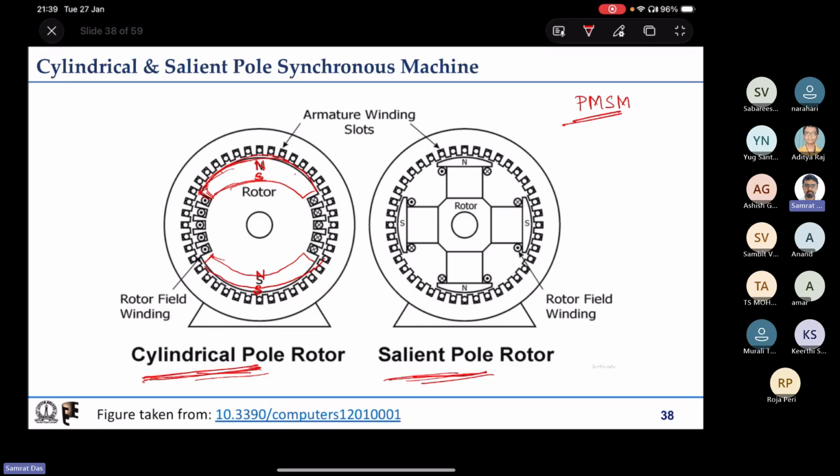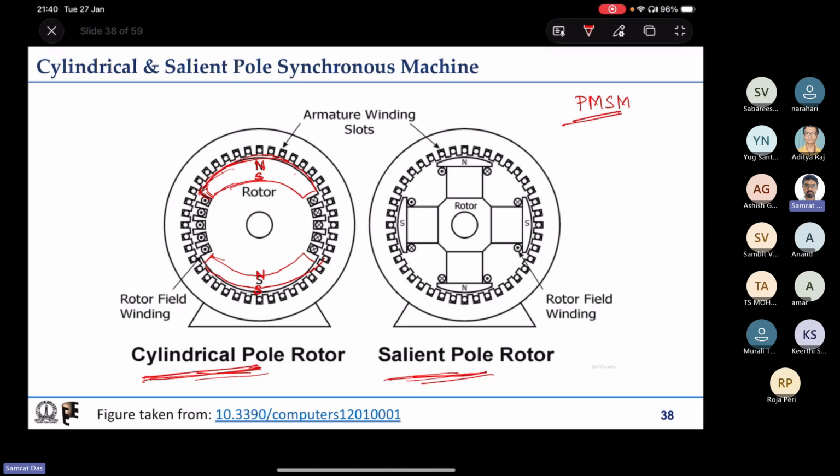But if we have a wound field induction machine, or the wound rotor induction machine, that is, if we need to put some winding into the rotor, then we need some space to put those windings, right? For creating the same field, we can accommodate the magnet in the yoke region itself, or in the rotor itself, so it takes lesser space.